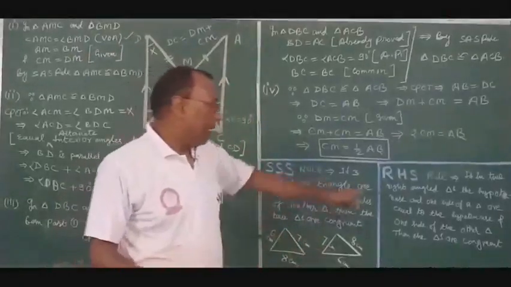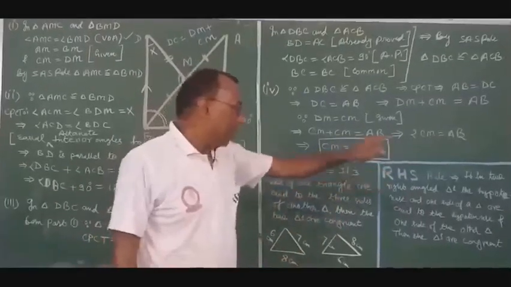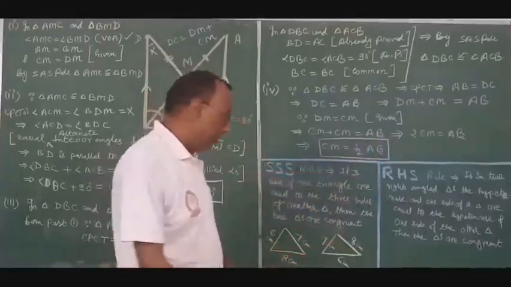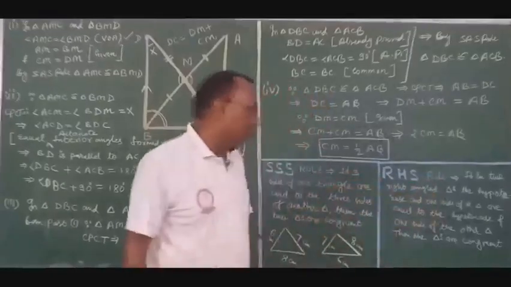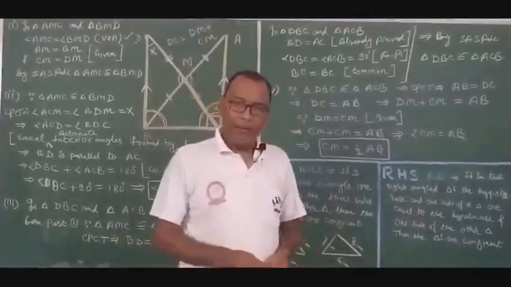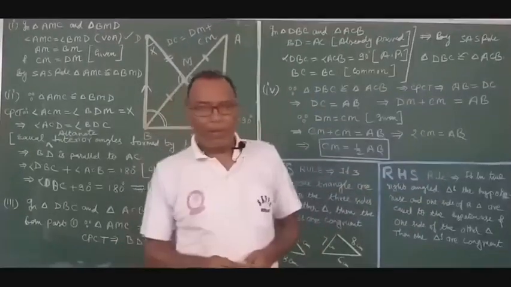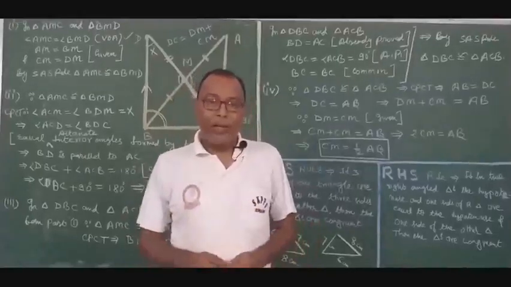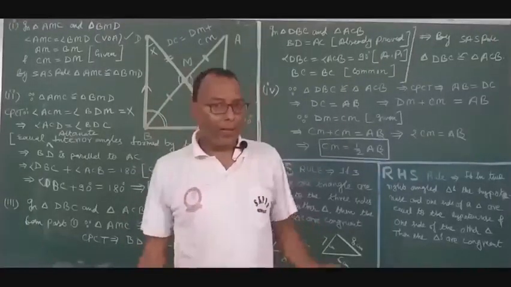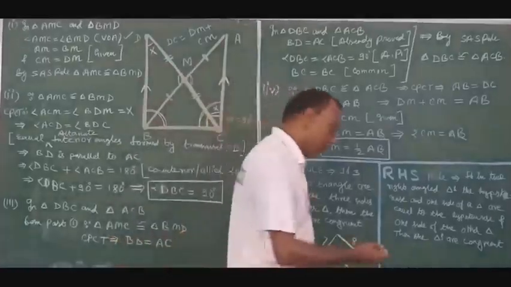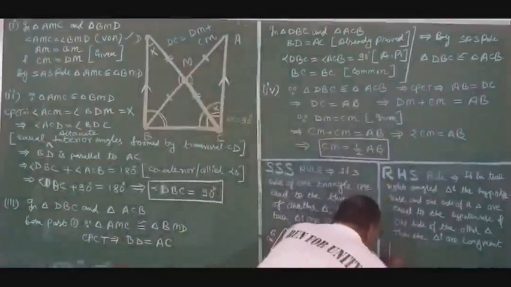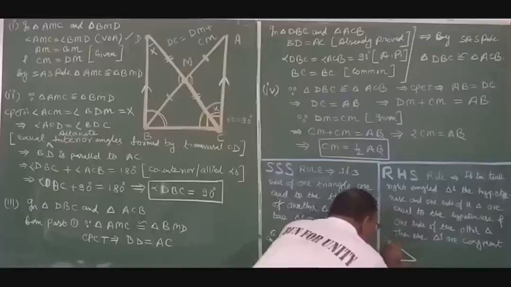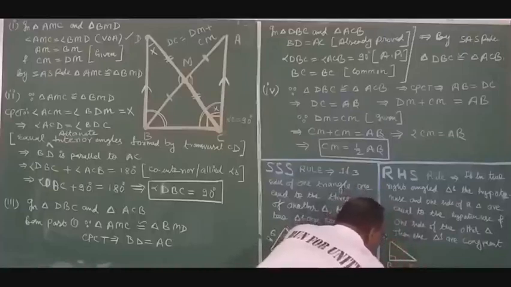And this one, the RHS rule. If in two right angle triangles, the hypotenuse and one side of a triangle are equal to the hypotenuse and one side of the other triangle, then the triangles are congruent. Suppose this is a right angle triangle ABC.